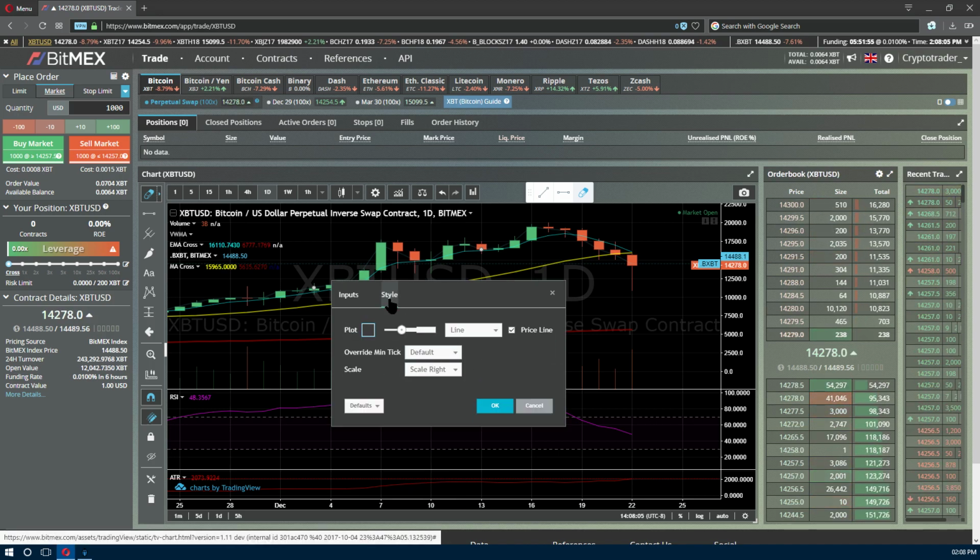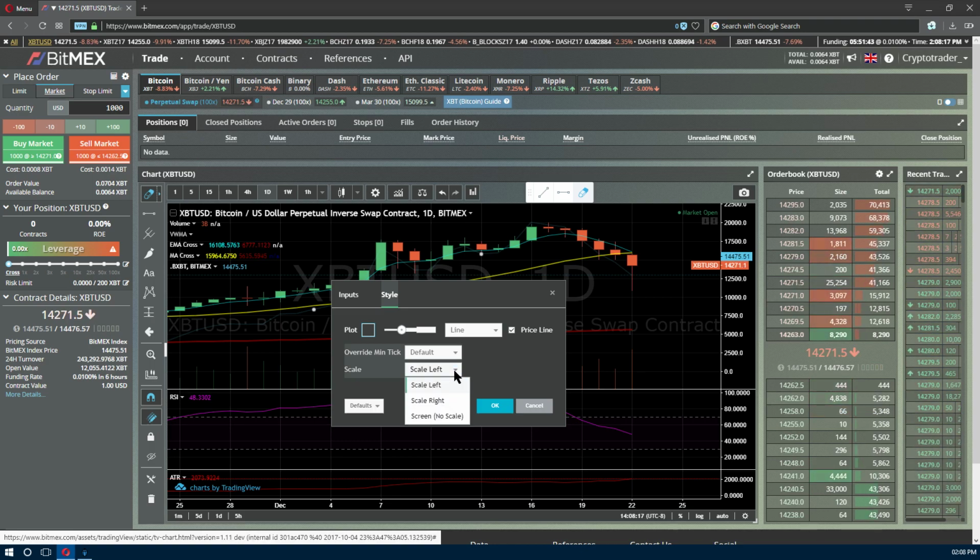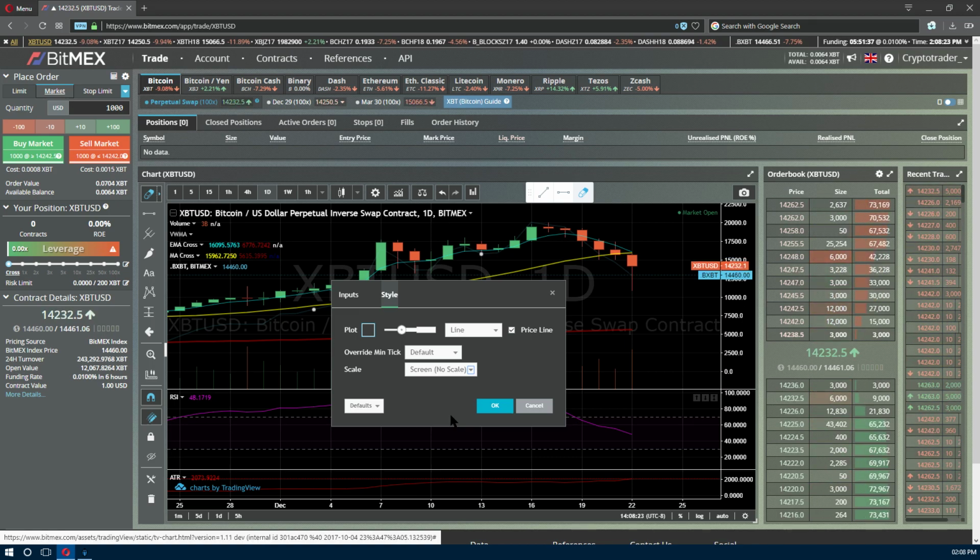So I guess I gotta get rid of it somehow. Scale right. Let's see what scale left looks like. That's no scale. That is ridiculous.